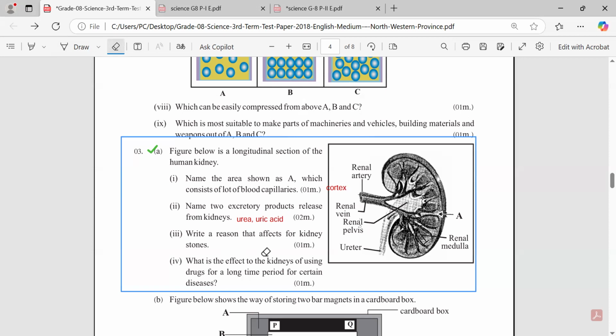Right. Fourth one. What is the effect on the kidneys of using drugs for a long period for certain diseases? If you take lots of medicine for a longer time, not lots of medicine, a particular medicine, if you drink it for a longer time, what kind of problem is going to arise in the kidney? Kidney failure.